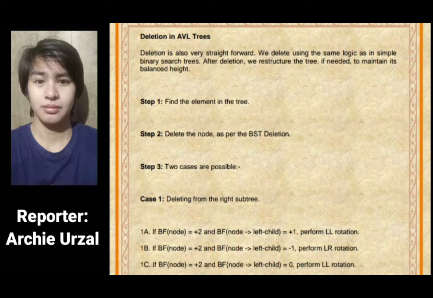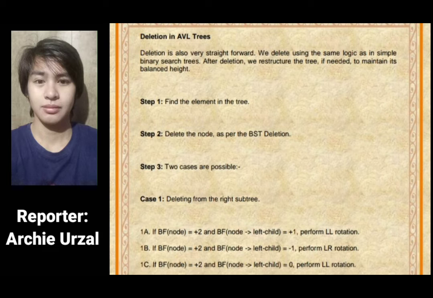Let's talk about another operation performed in AVL trees, the deletion. Deletion is also very straightforward. We delete using the same logic as in simple binary search trees. After deletion, we restructure the tree if needed to maintain its balanced height.